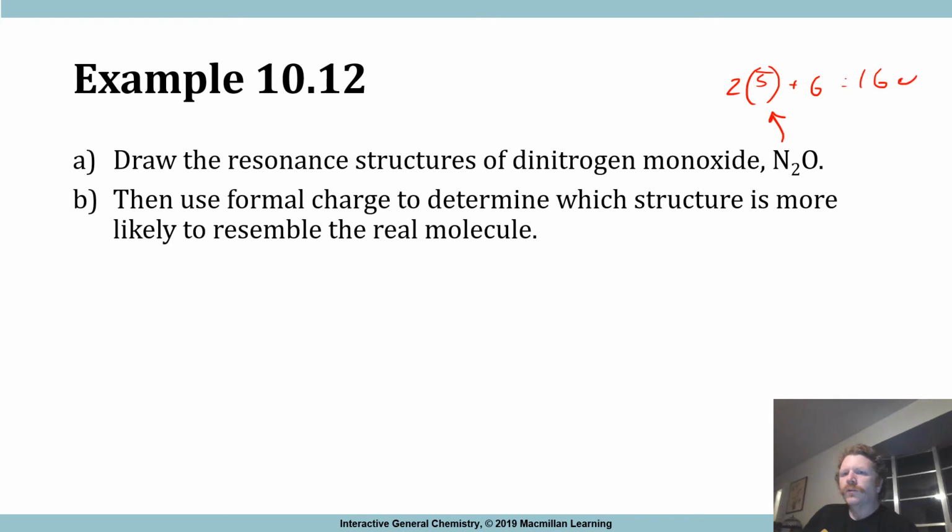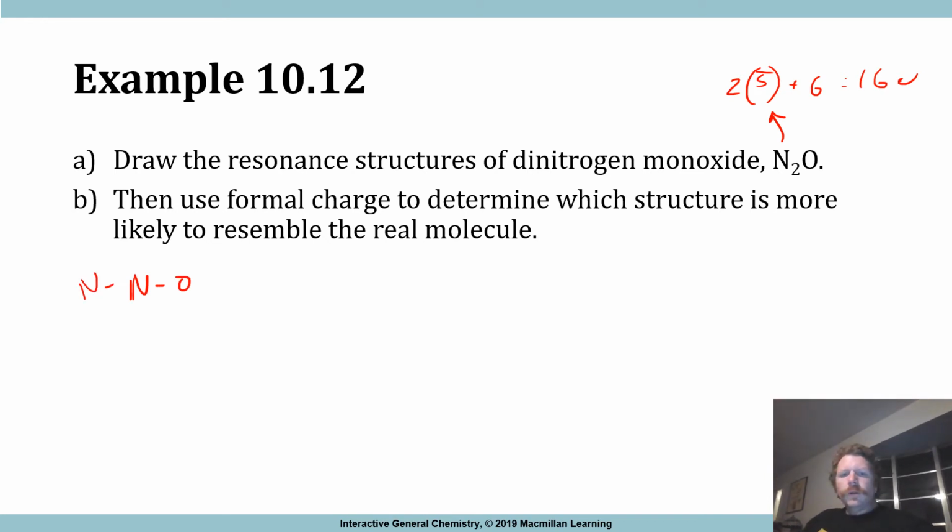We've got 16 electrons. What we have there is we're going to have a nitrogen as our central atom. So here's one: one nitrogen going to oxygen, and then going to another nitrogen.